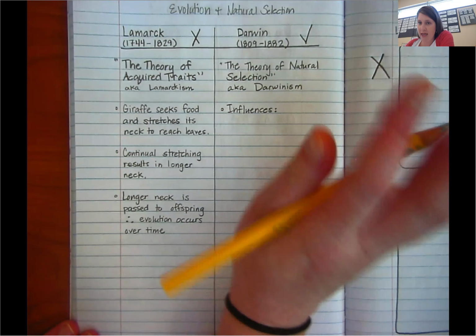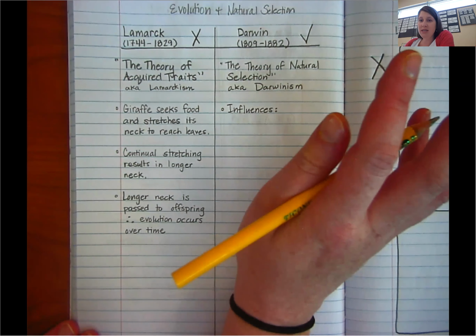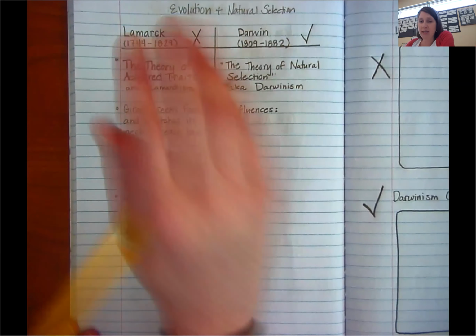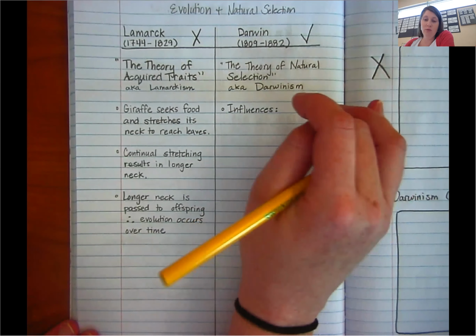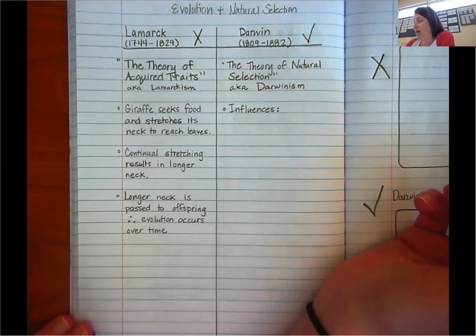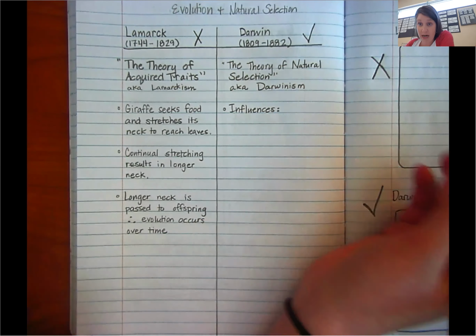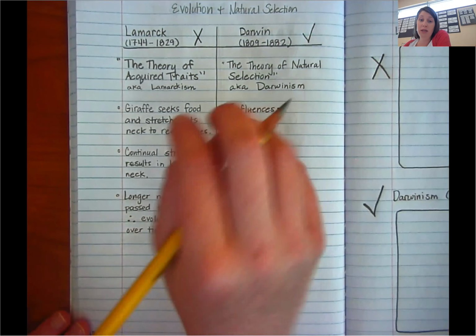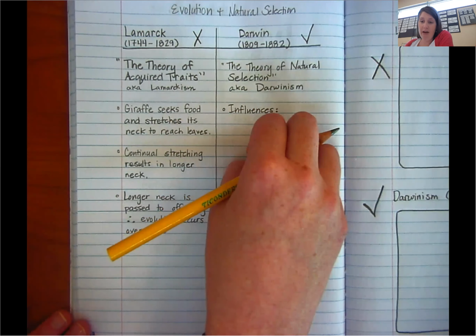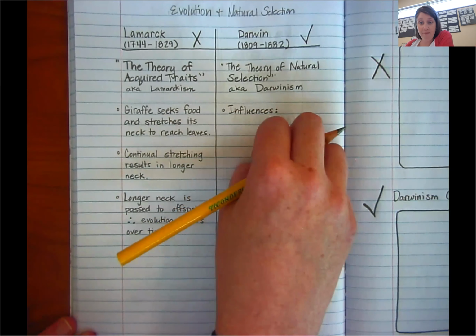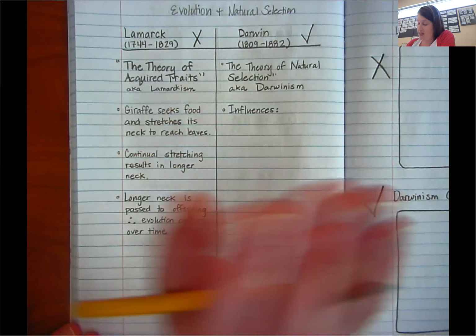So DNA is not a thing. It really wasn't until the 1950s that Watson and Crick come along and really start diving into DNA and understanding it. And now we have so much understanding of DNA that we can provide a lot of evidence for Darwin. But he didn't have that. He went off of other things.